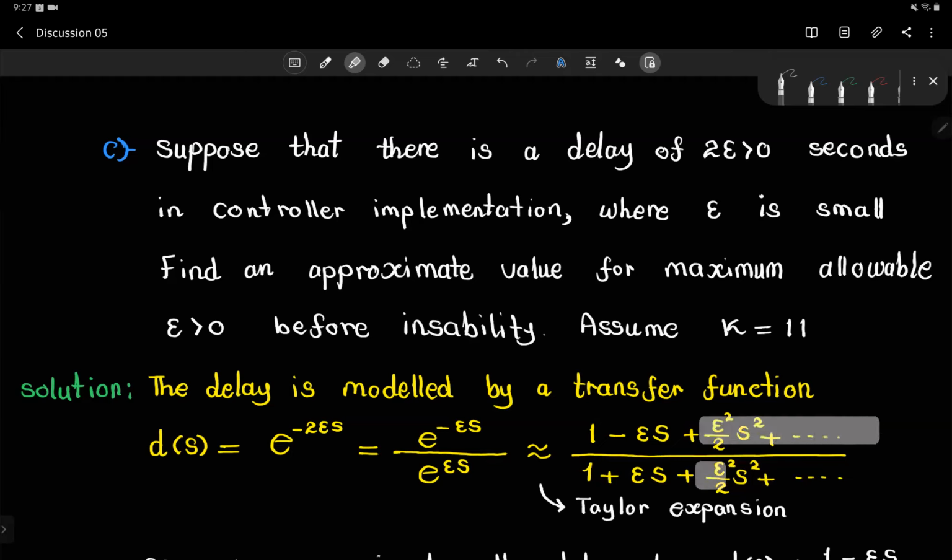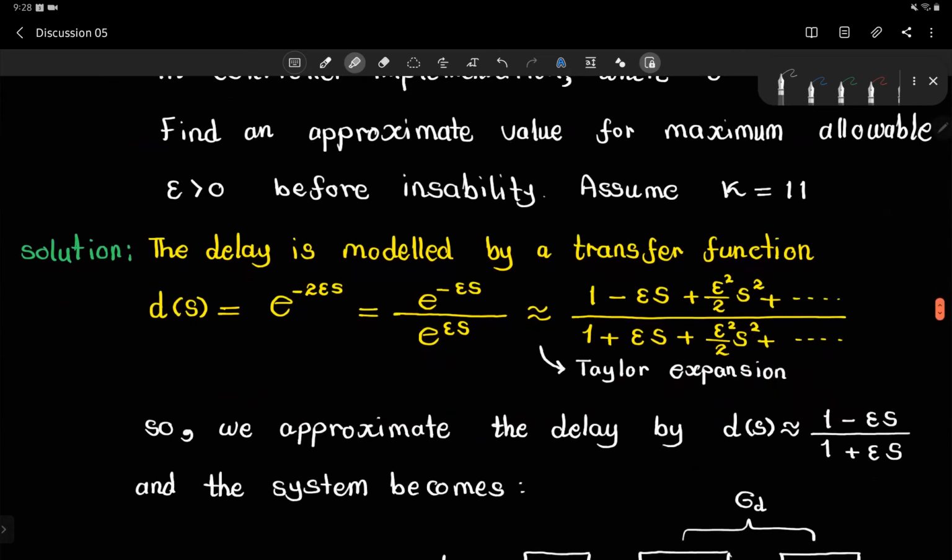So we neglect these two tails as a first order approximation. And we see that for small values of epsilon, like when epsilon is on the order of 0.01, this Taylor expansion is actually pretty accurate in modeling the delay introduced in the system.